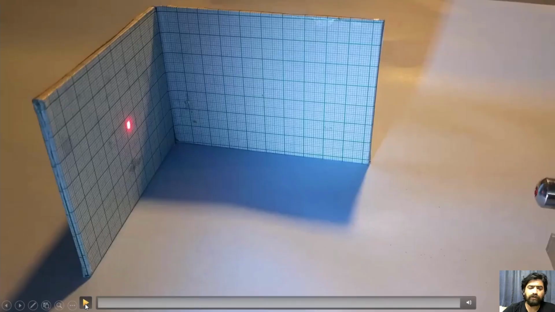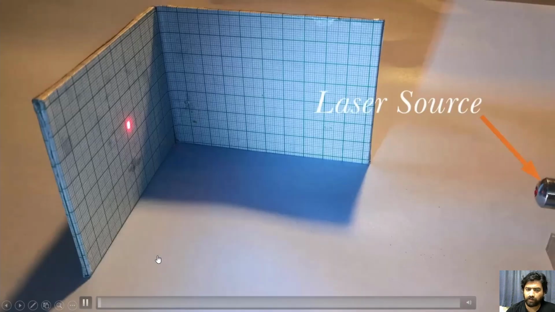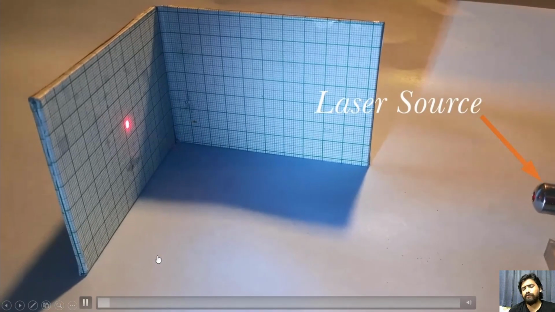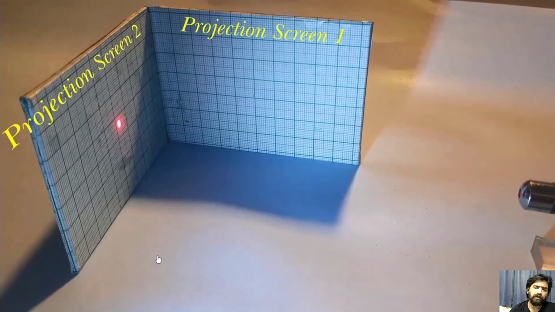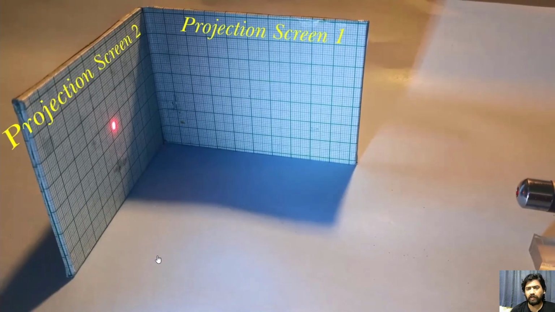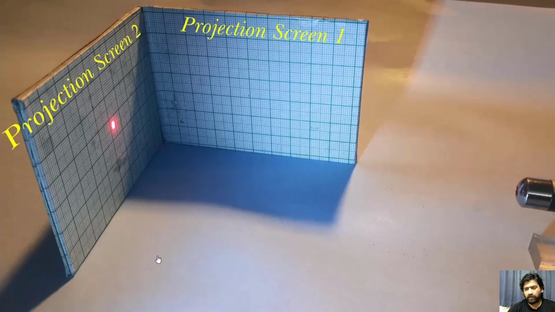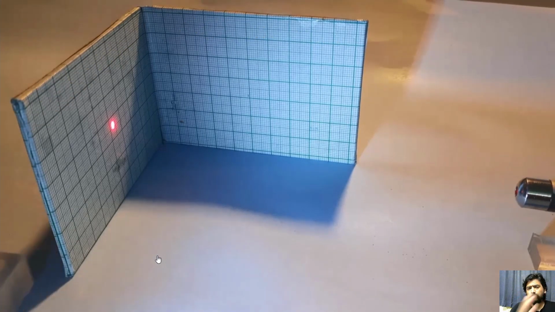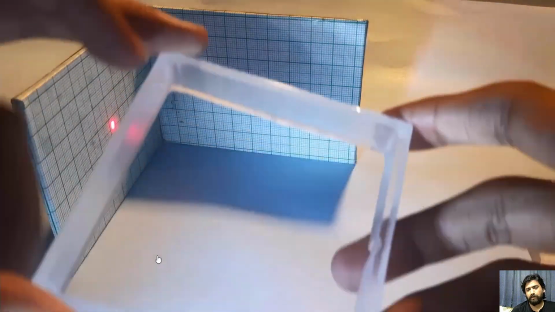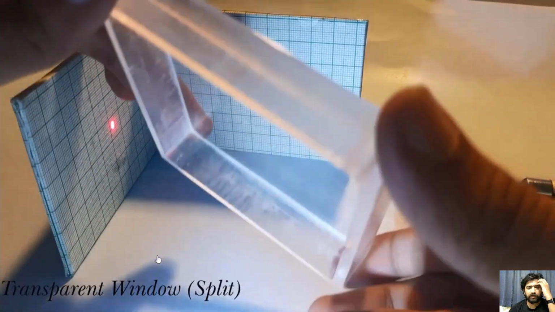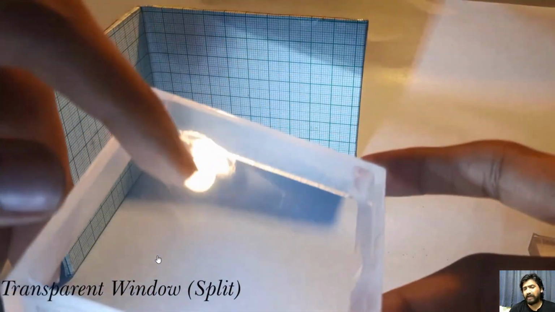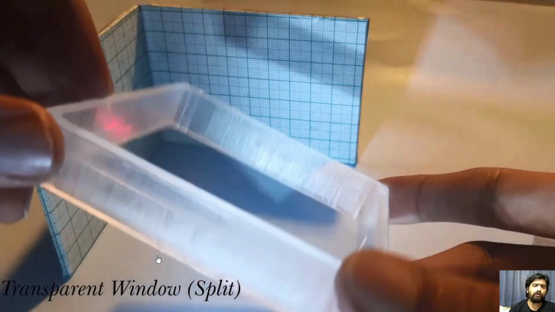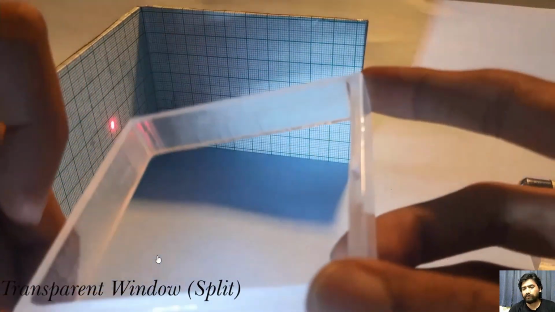Let us now try to do it on our own. So here we have made a DIY experiment in which you can utilize a laser beam, which is nothing but your laser pointer, and we'll try to split this beam onto the two screens shown here. For that, we have taken a transparent window, but we know that not all the light will get transmitted through that.